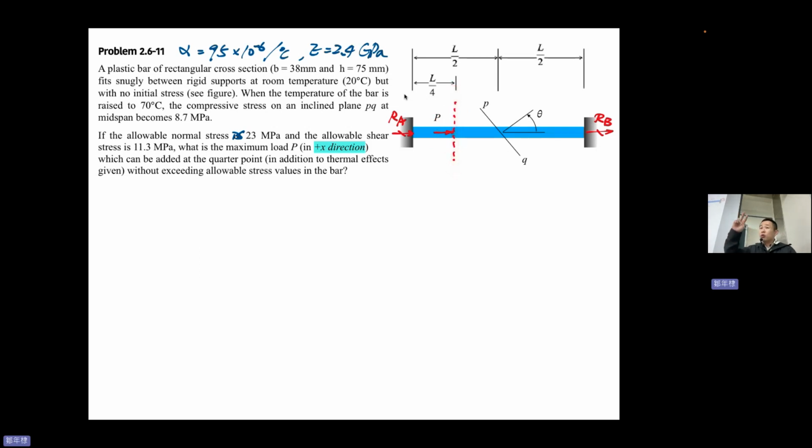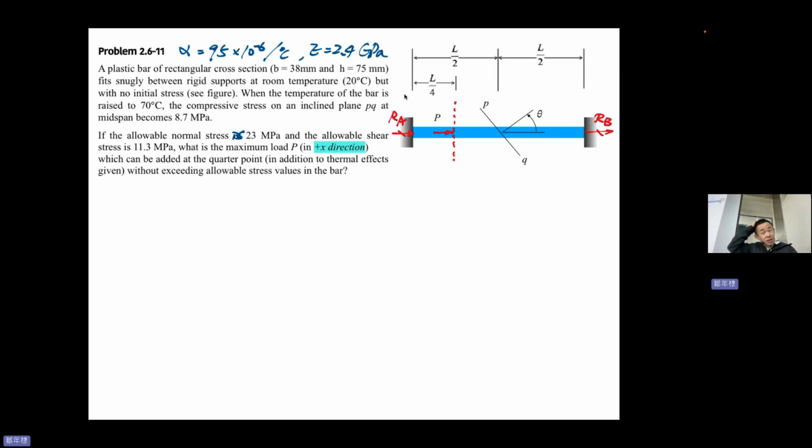The deformation of the first part and the second part summed up together need to become zero. So this is the compatibility equation.